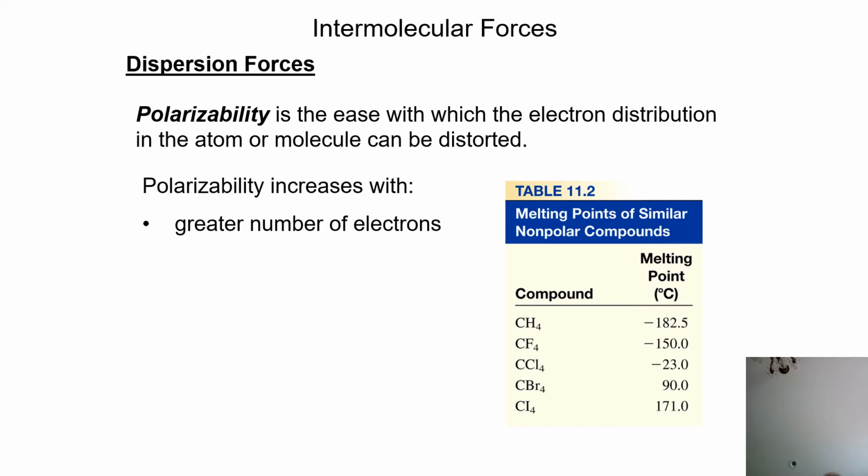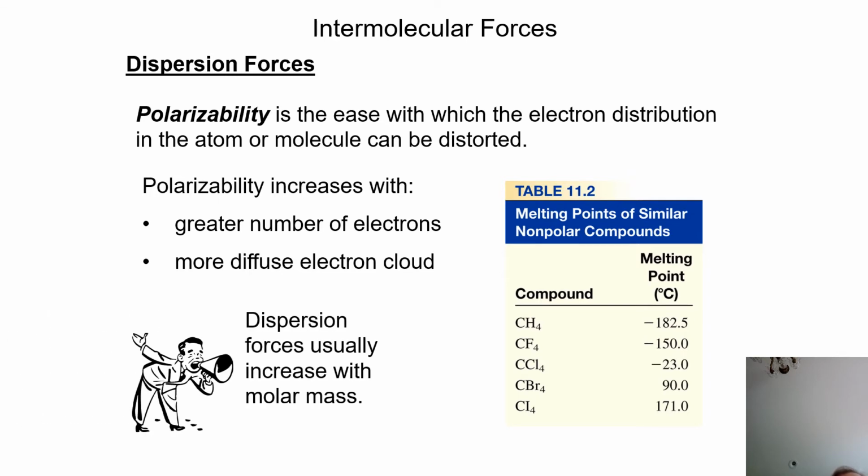So the atom or molecule, depending upon what we're talking about, is getting bigger. And as we add energy levels to a molecule or to an atom, we know that the distance from the nucleus increases, the subshells get larger, and therefore we have more diffuse electron clouds. So dispersion forces are going to increase with increasing molar mass.